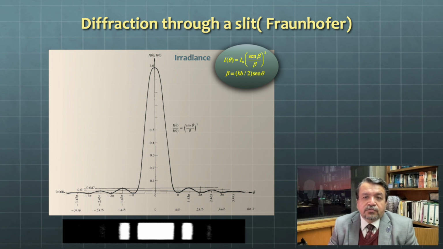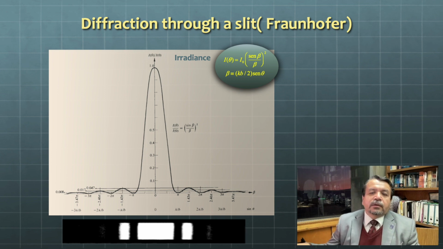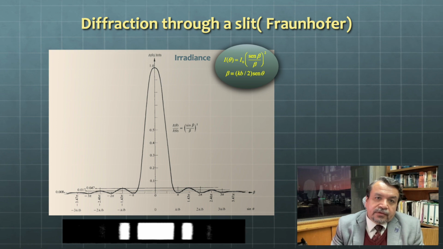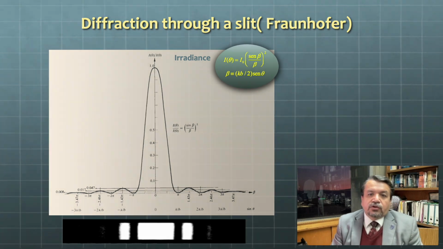As we move away from the center, we start to have these small valleys and peaks, which eventually tend to dissipate little by little. That is the formula for calculating the squared sinc and intensity. It is based on the relationship between the sine of beta, beta, and the distance from the center, or the diffraction phenomenon according to Fraunhofer.